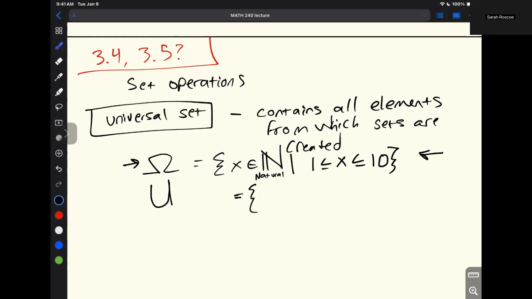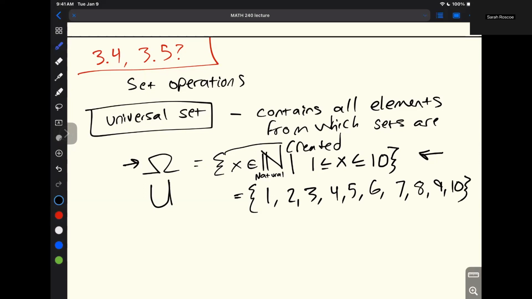So this is the more general clause, and the right-hand side is the more specific clause. We're not looking at every natural number. We can't write all of those down, but we've put a bound on it, between 1 and 10. So we can say that this set is 1, 2, 3, 4, 5, 6, 7, 8, 9, 10.